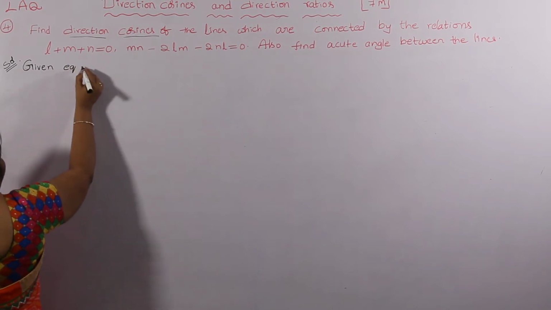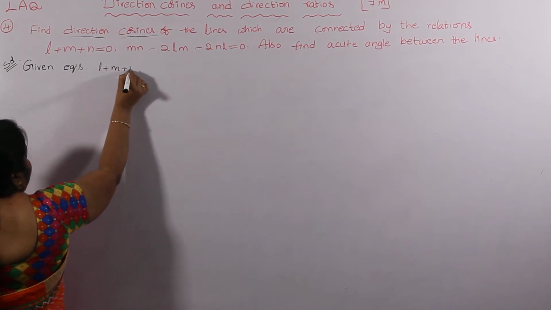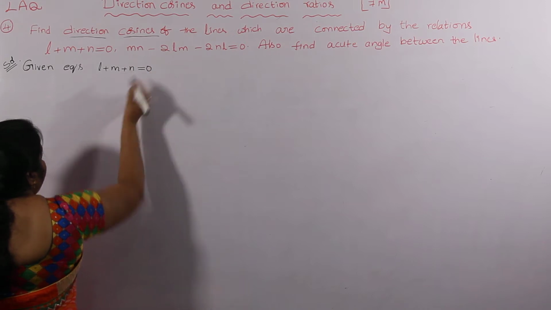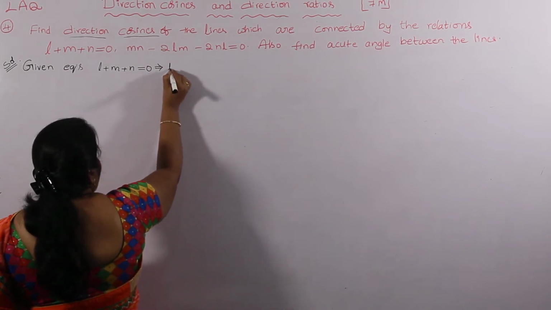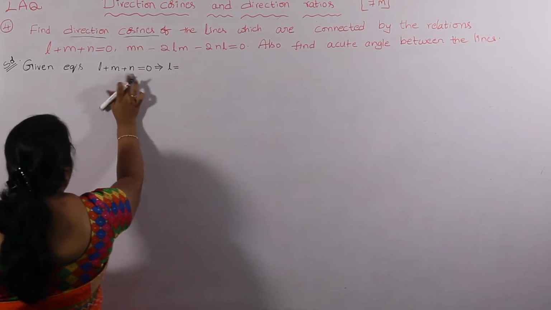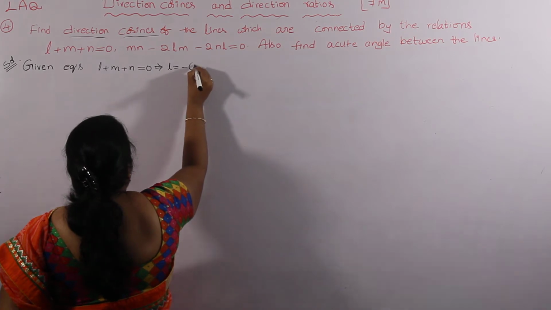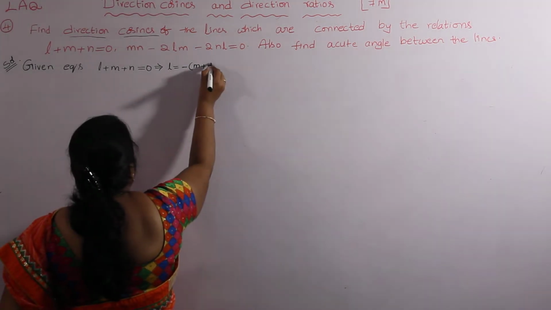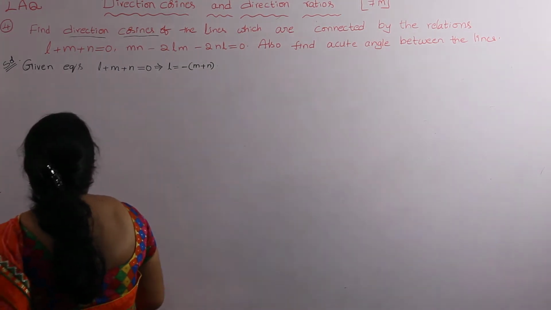Given equation: l + m + n = 0. From this we can write l is equal to minus of (m + n), because plus of (m + n) taken to that side becomes minus of (m + n).